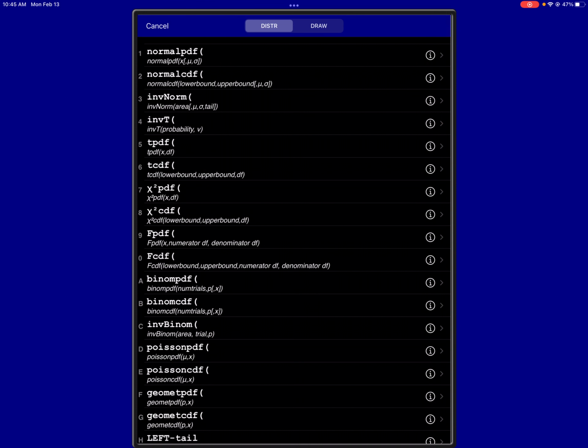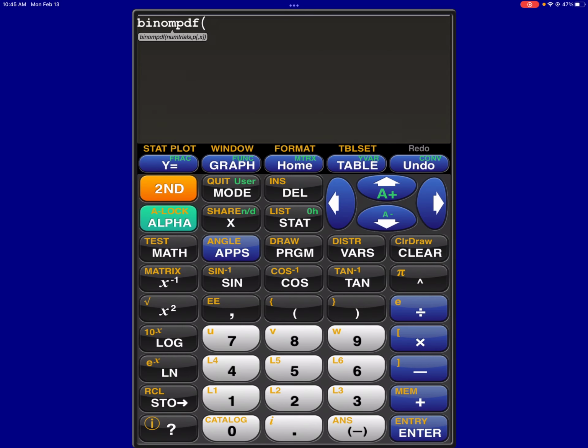So if I click on binomial PDF, in this case, my number of trials is how many questions we have total. So we have 4 questions, goes first. And then our probability of success goes second, which is our 0.20. And then we want to figure out what's the probability of missing every single question out of 4.